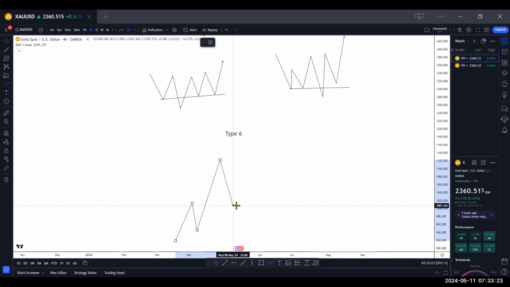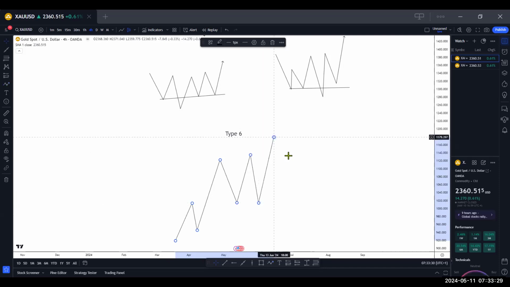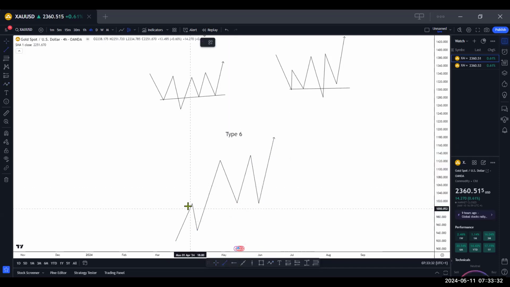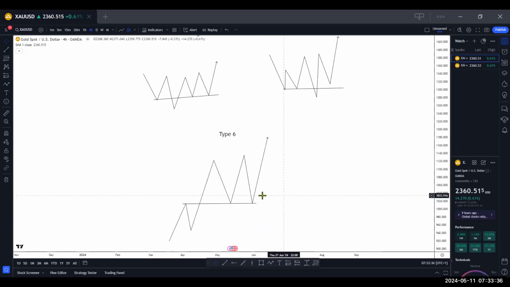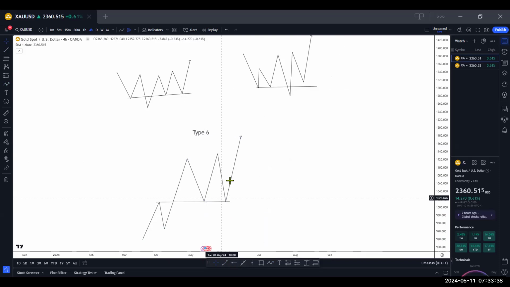Breakouts, right? This is the first touch. Second touch. Third touch is your entry. This is one of the setups I gave you guys, right? Engulfing, entry. Type 6 is the extended EFG setup.